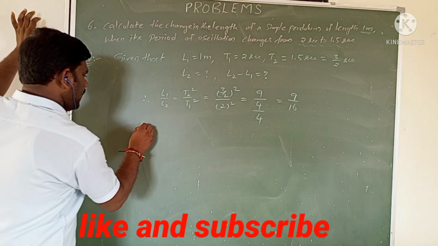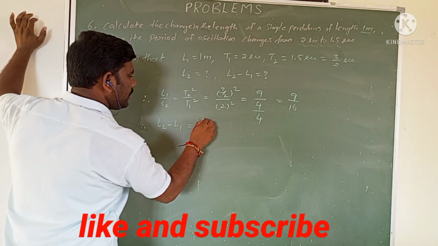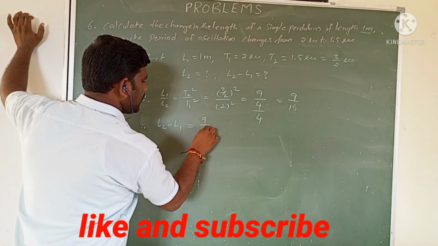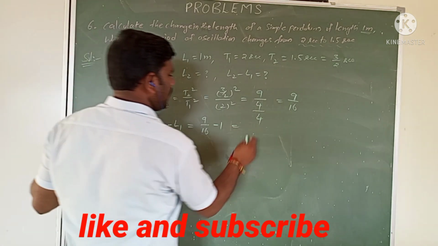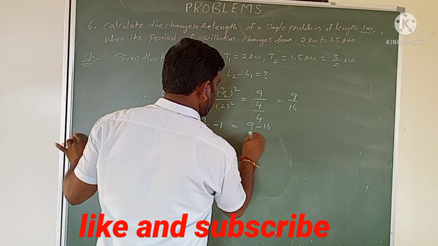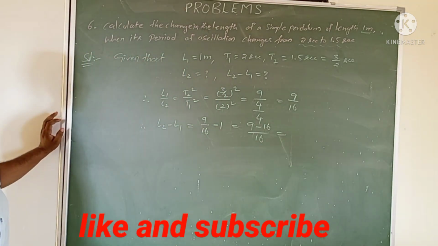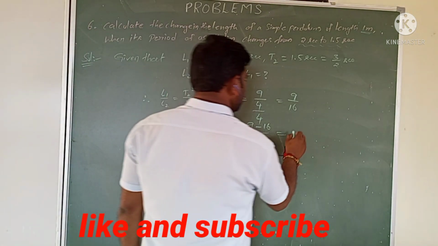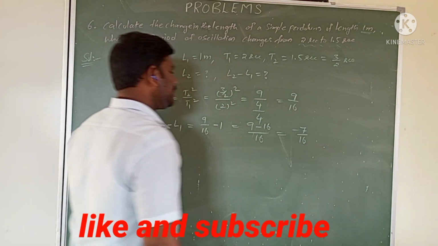Or we can find the change in length, L2 minus L1. That is equal to 9 by 16 minus 1. Therefore, it can be written as 9 minus 16 by 16. That is equal to minus 7 by 16. So this is the change in length.